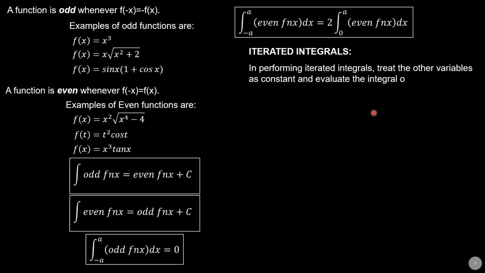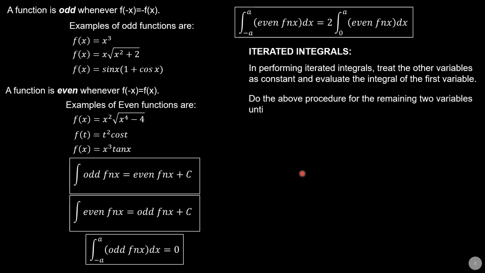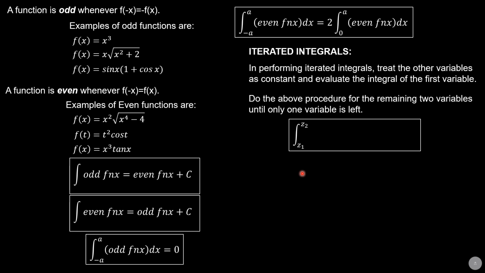In the above procedure, do the same for the remaining two variables until one variable is left. So this is the procedure. For instance, you have the integral of f, which is a function of x, y, z, dx, dy, dz.